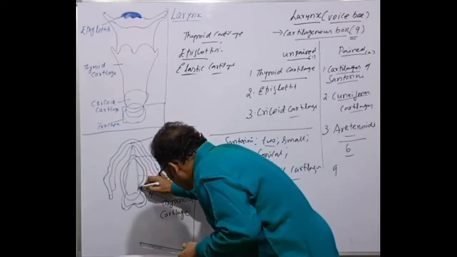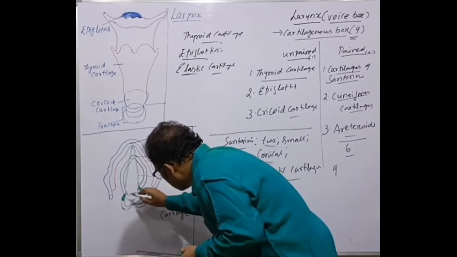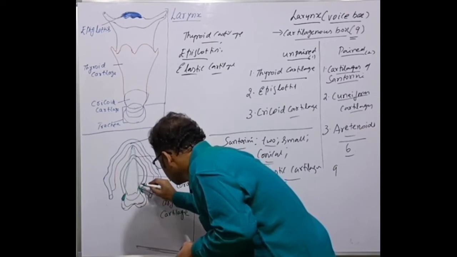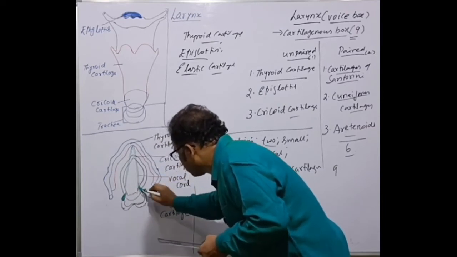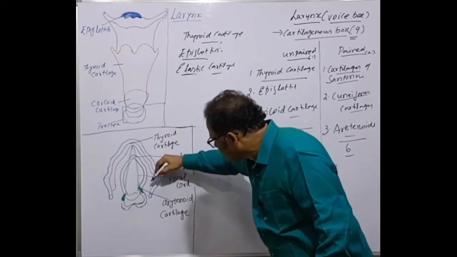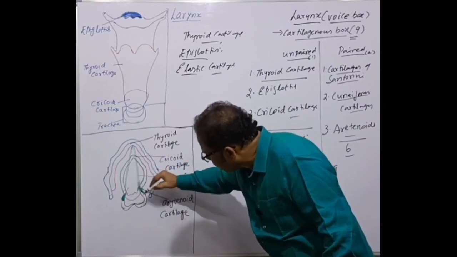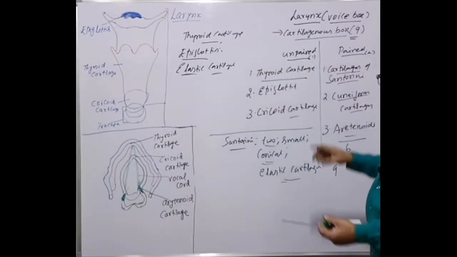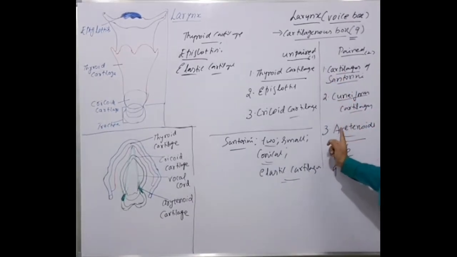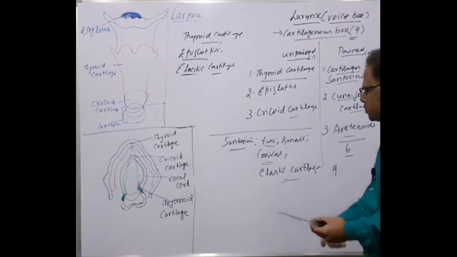These two conical structures are called the cartilages of Santorini, whereas these ones are the arytenoid cartilages. Can you see all of you? That's it. Articulation means close connection with the arytenoid cartilages. Okay, students.